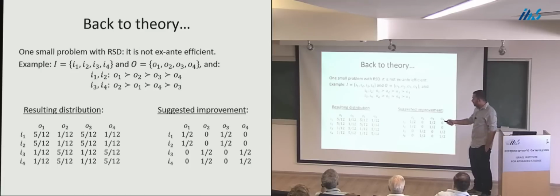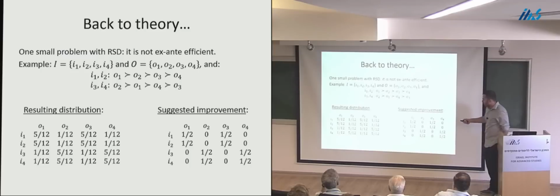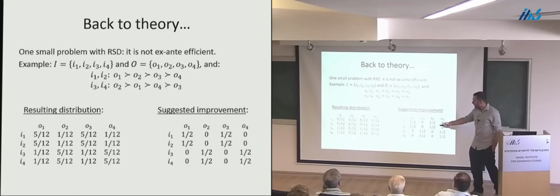Now note that this matrix here is not as good as this matrix right here. Okay, what happened when we moved from here to here? So agent 1 gave away 1 over 12 shares of probability of getting object 2 and got instead 1 over 12 to get object 1. And similar for objects 4 and 3.